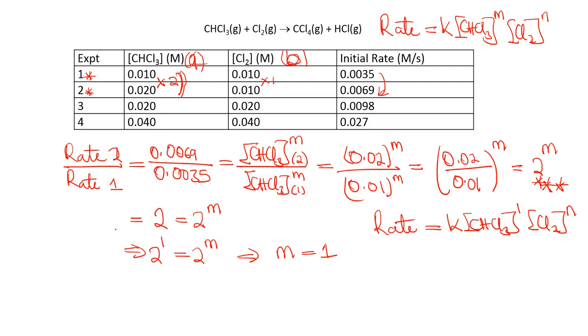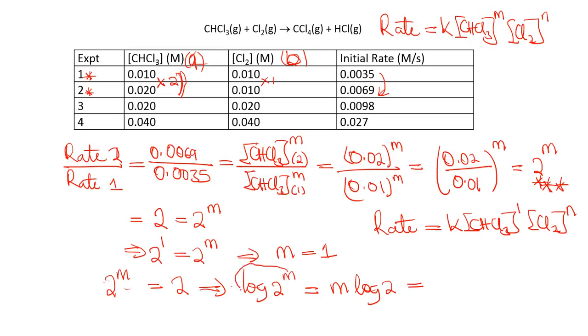So another way of solving this one is to say 2^m is equal to 2. So you can say the logarithm of 2^m, which is equal to m log 2, because this one can transfer to the front here because it's an index. So m log 2 is equal to log 2.